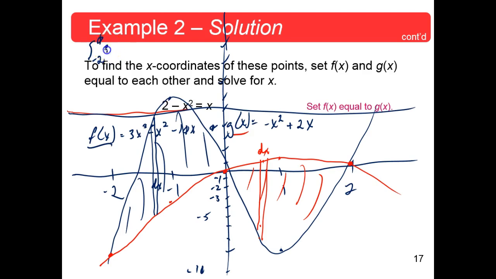Okay, it'll be the 3x cubed minus x squared, if I can read my writing under there, minus 10x minus the g. Now, if you don't mind, I'll do the subtraction as I go, plus x squared, because minus and minus is a plus, and minus 2x dx.